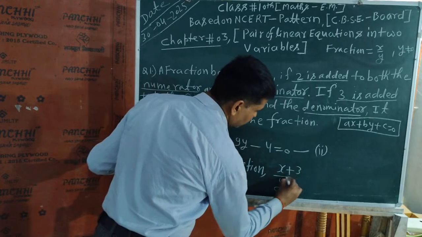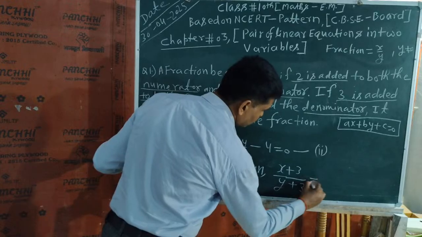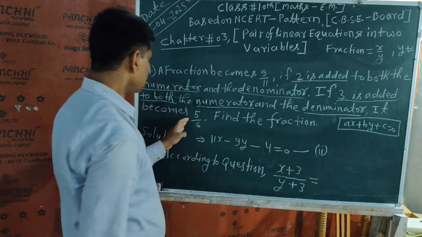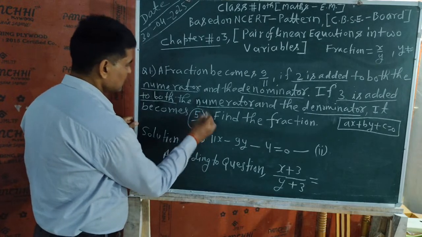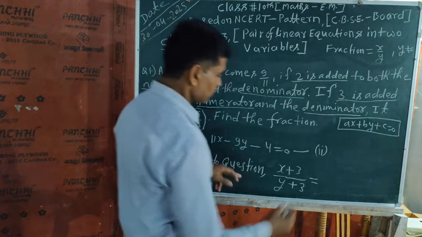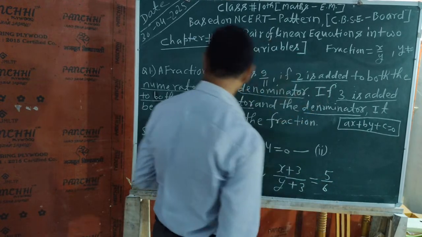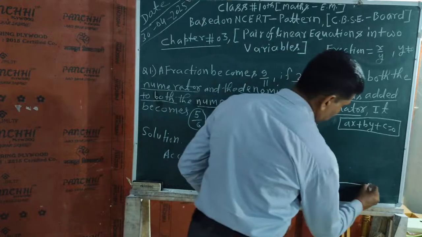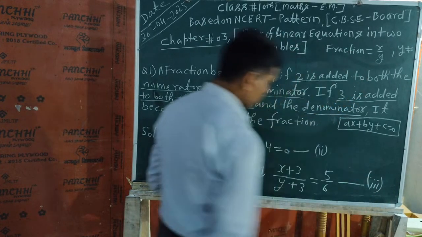In the numerator I write plus 3 and in the denominator also plus 3. After adding, it will become 5 divided by 6. This is equation number 3.